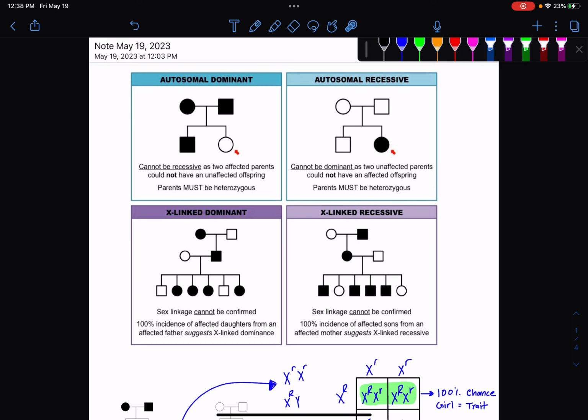Okay. For autosomal recessive, it's kind of the opposite. When you have 2 unaffected parents, they produce an affected child. That tells you this is a recessive inheritance.